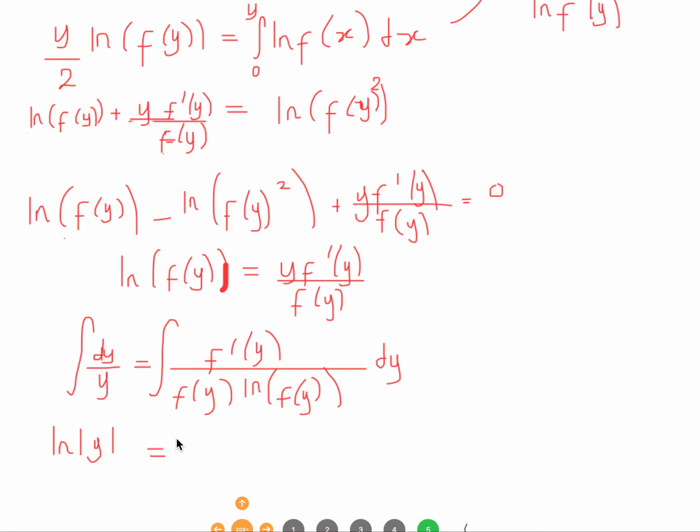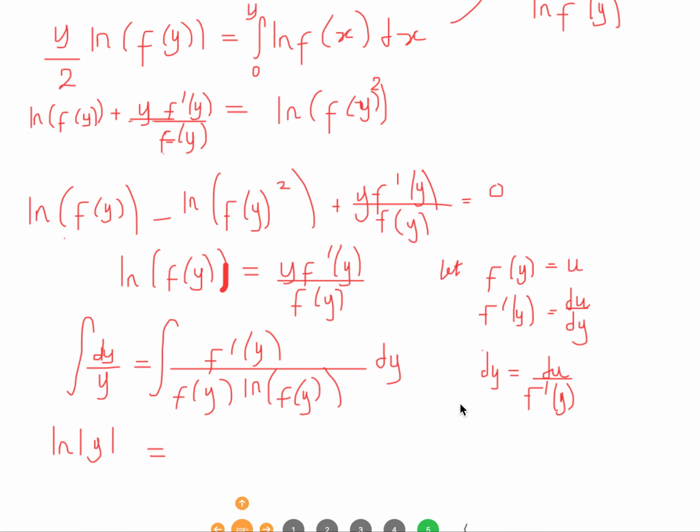I'd be tempted to let f of y equal u and just see what happens. So du dy equals f dash of y. So dy equals du over f dash of y.